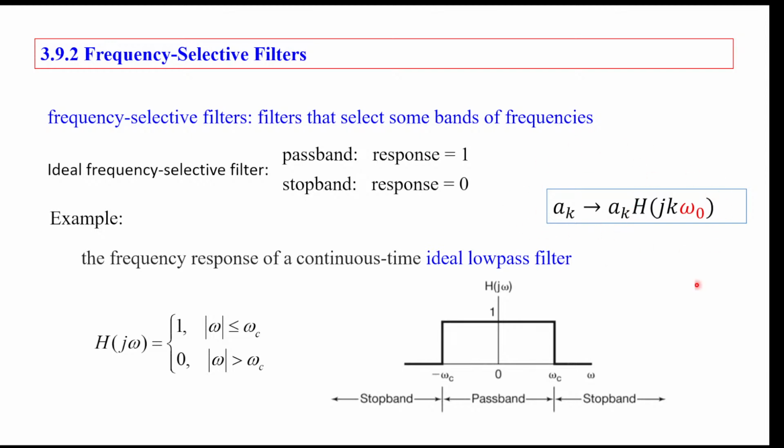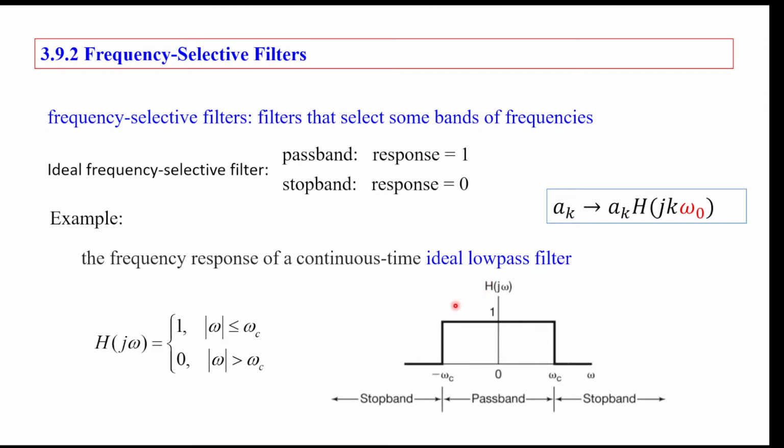So remember, in an LTI system, different components will get multiplied by different H of jkω naught. If your kω naught is inside this passband, then your a_k is unchanged. And if kω naught gets hit by the stopband, the output will be 0, and we call those components filtered out by this filter.